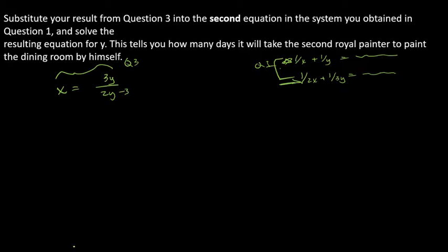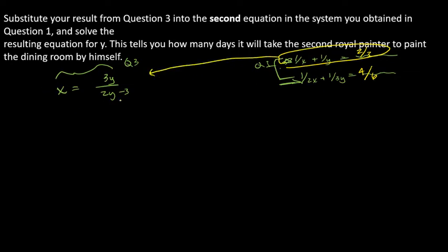Once again, I'm just going to make up an equation to show you what I mean. Let's say my second equation had been 1 over 2x plus 1 over 3y equals 4 over 6. All right, I already used the first equation. I rearranged it to isolate x.